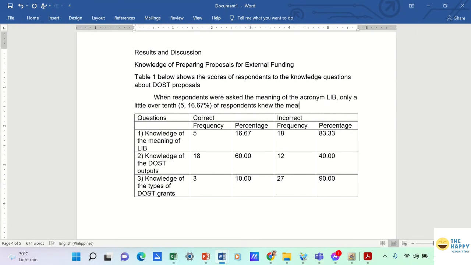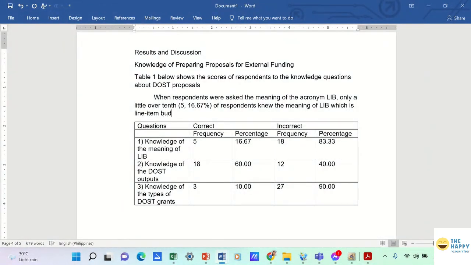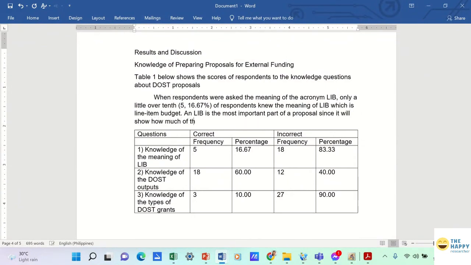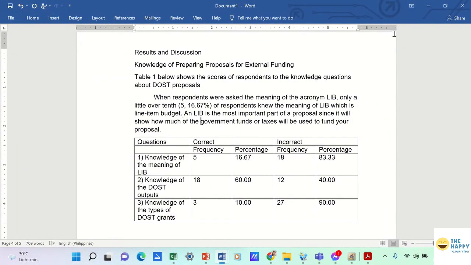So I'm now making the discussion part. I gave the results, and then described the results: how many of the respondents were able to get the question, which is the acronym of the LIB, correctly. And then I have my interpretation here, or my implications, a little bit of literature about LIB, and the implications of what not getting the correct answer means.